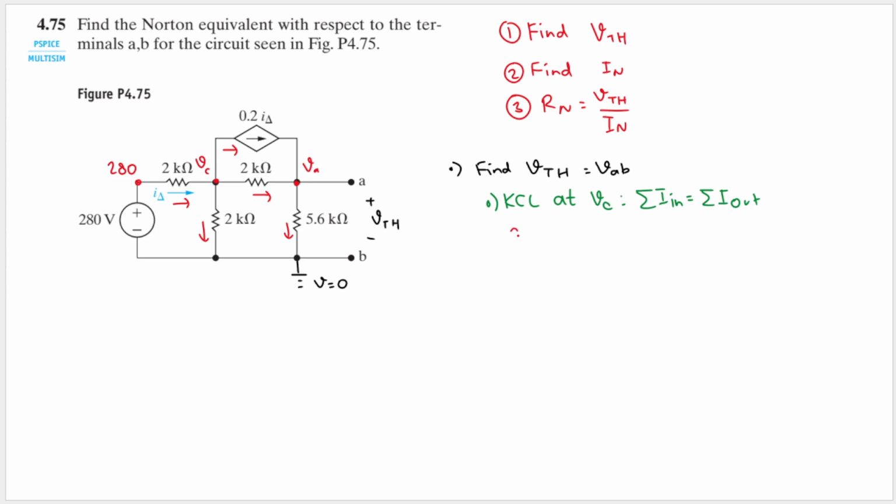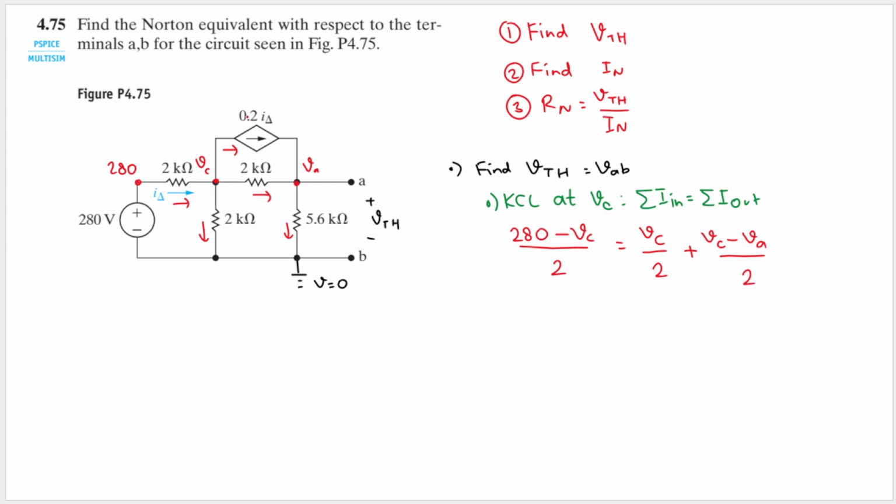So we'll have 280 minus VC divided by 2 here. And then for this one, we will have VC minus 0, which is VC, divided by 2. And then this one here, we will have plus VC minus VA divided by 2.